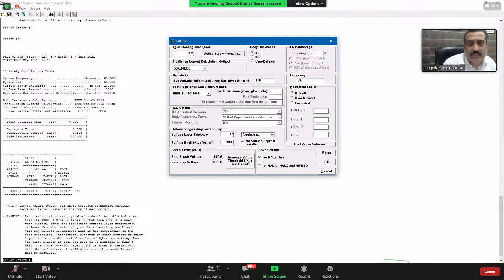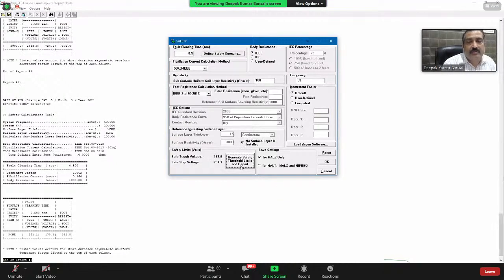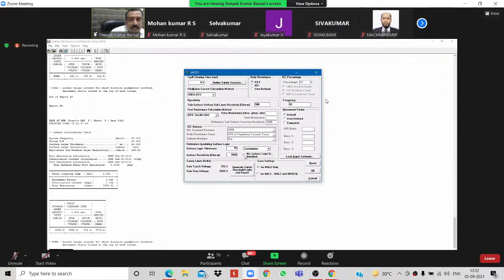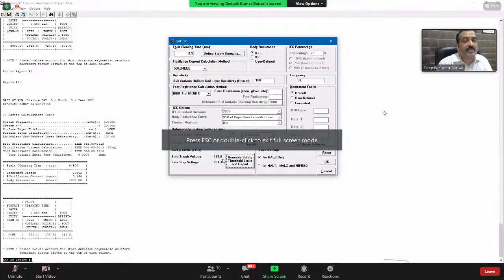With the surface layer we are achieving a safe touch voltage of 724 volts, and when no surface layer is installed, it comes down to 178 volts as the safe touch voltage. So 178 volts is very less.